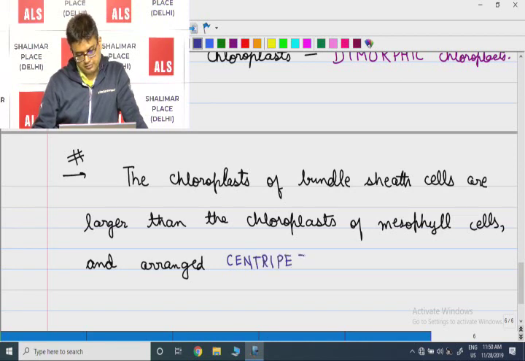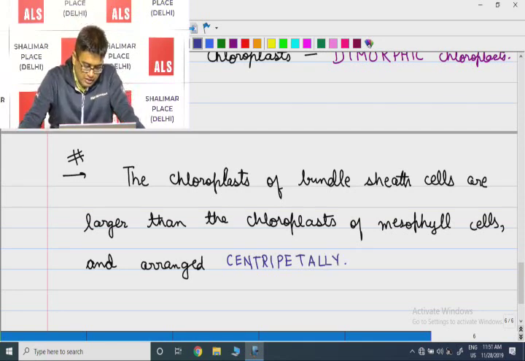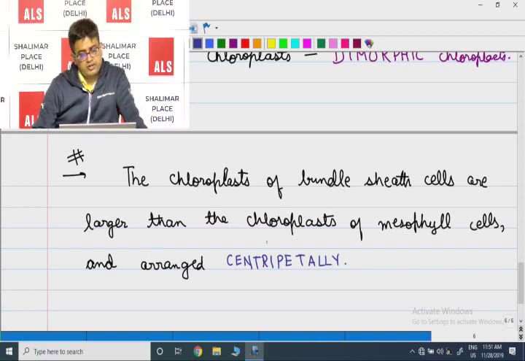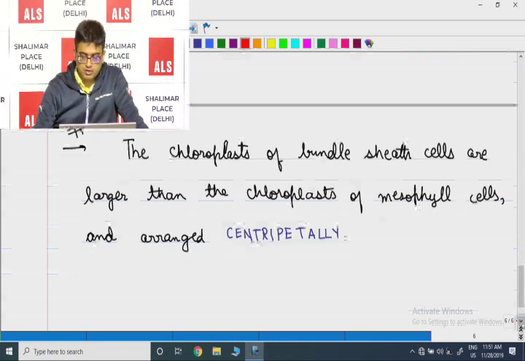So centripetal arrangement or larger size, this is important. Now the next statement is also very important, so I am making it with a different color. This statement has also been asked. It was asked in board examination also, so I am expecting it can come any time in the NEET exam as well.